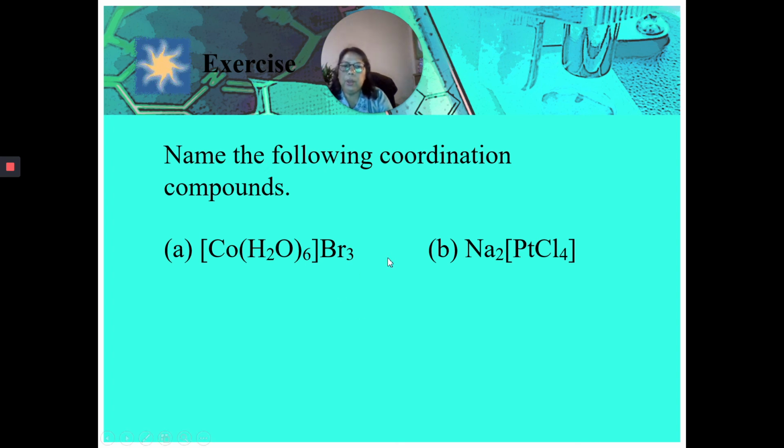So first, you should know where are the positive or the cation, right? And you should know what are the anions, okay? And then what are these? How do you name this?